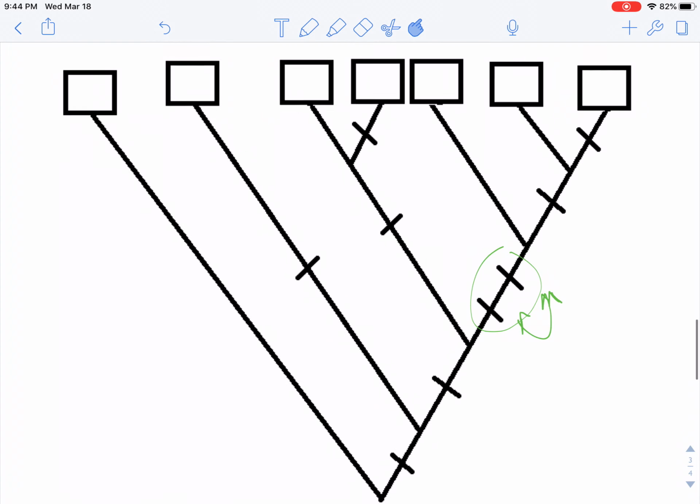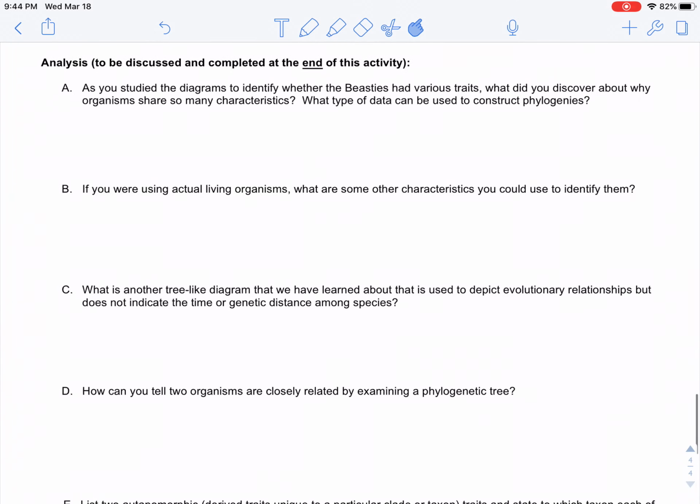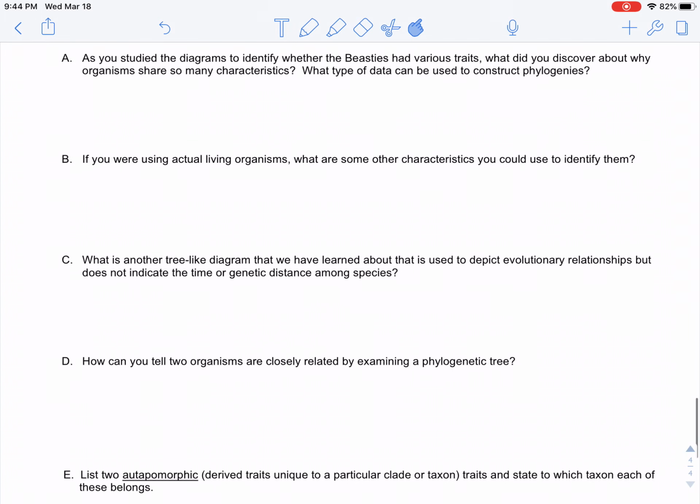When you are done with your tree, if you scroll down, I would like you to answer these last 5 analysis questions. Please feel free to do a little bit of outside research if you'd like to, or as I said earlier, another great way to go about learning more in this lesson, really all week, is you can read a little bit about cladograms in your book, and that is on page 538, it begins, and that's chapter 18, section 2.